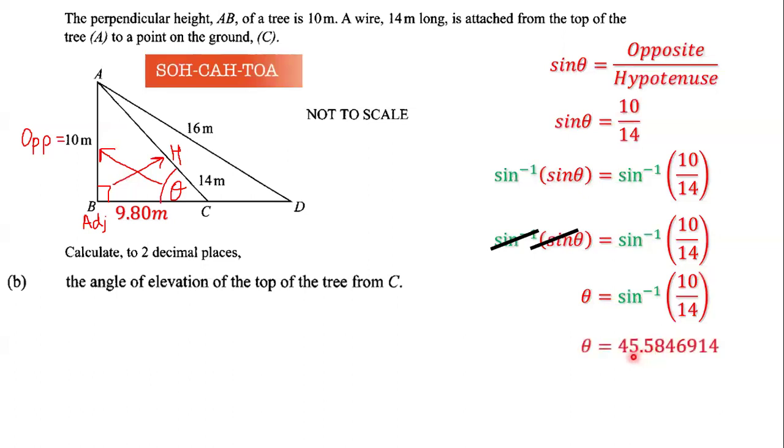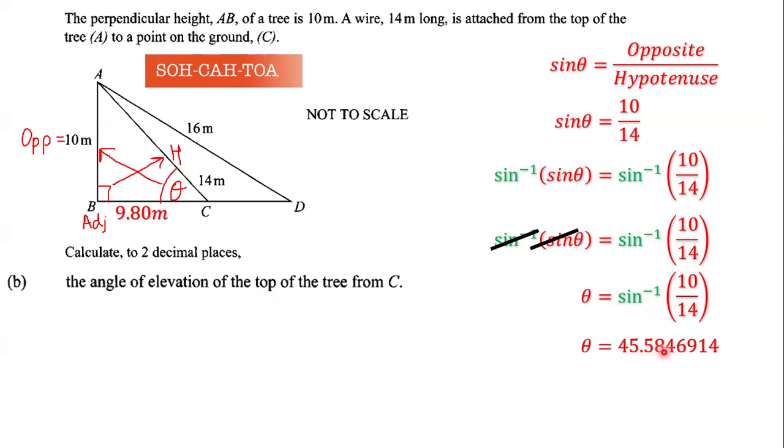That's going to be 45.5846914. So sine inverse of 10 over 14 is 45.5846914. And so that means that the angle of elevation is this. But before we move on, we have to round this.